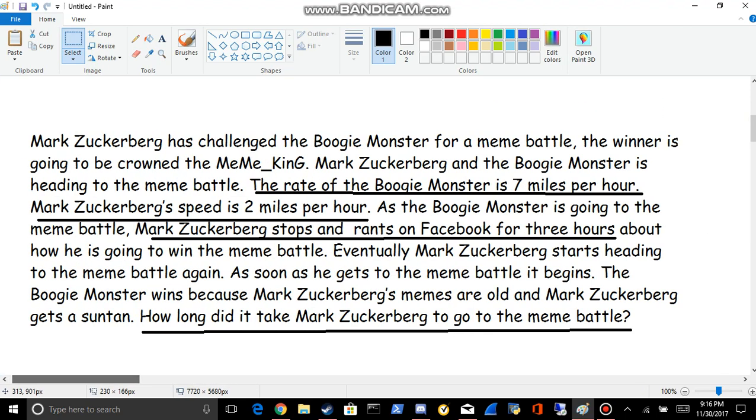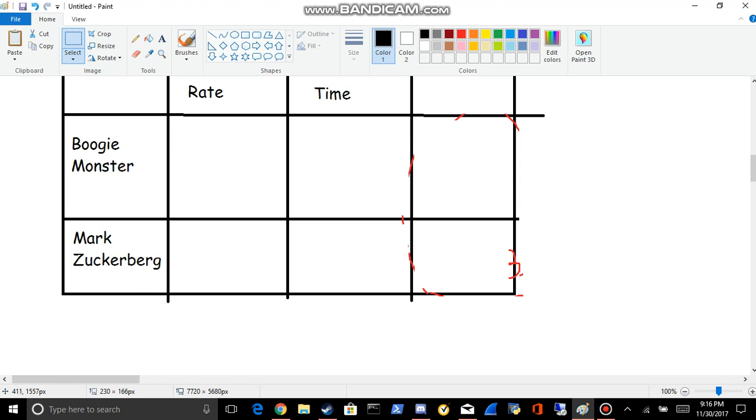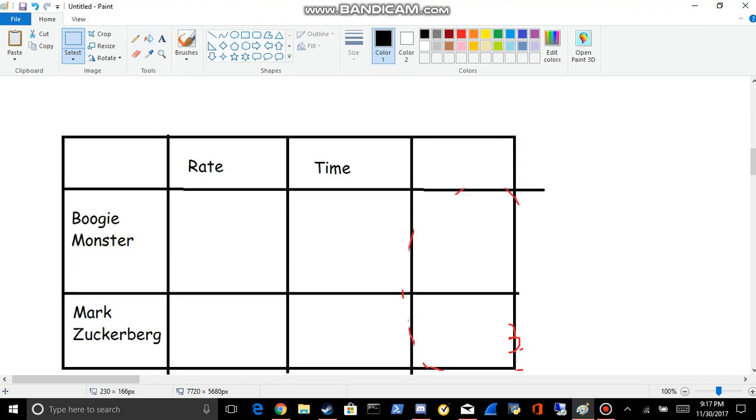So going to a chart, explained here. Now, we're going to show you that when you write out the chart, you're concerned about Mark Zuckerberg. Now, you have 7 and then t for a time variable because there is no other time added to the Boogie Monster, for at least how long it took for him to go to the meme battle.